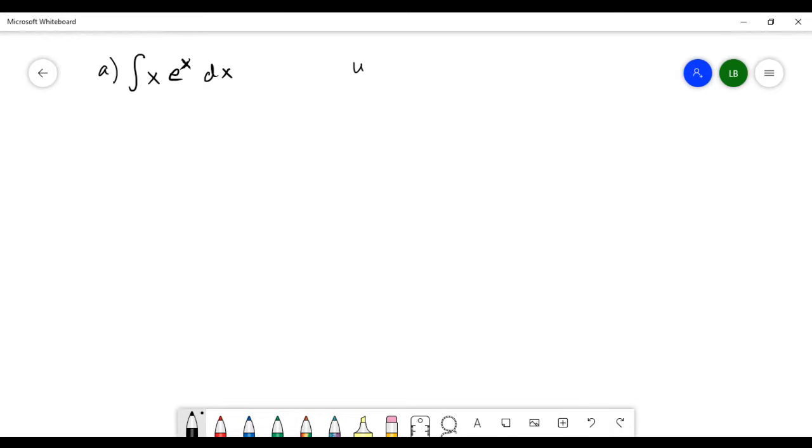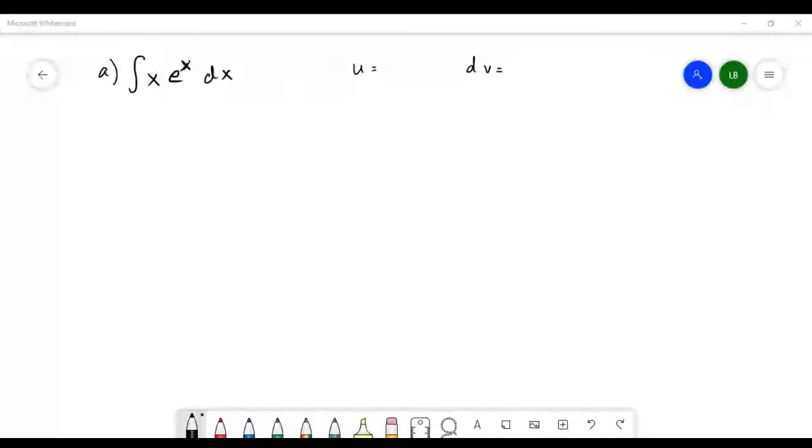And of course, first you should decide what your u should be and what dv should be. Just remember a couple of guidelines. dv, you have to be able to integrate it. And u, you want to choose so that its derivative goes to a constant or 0.